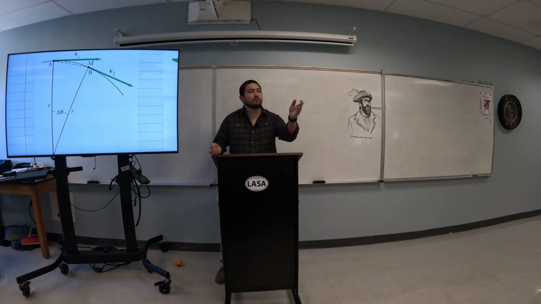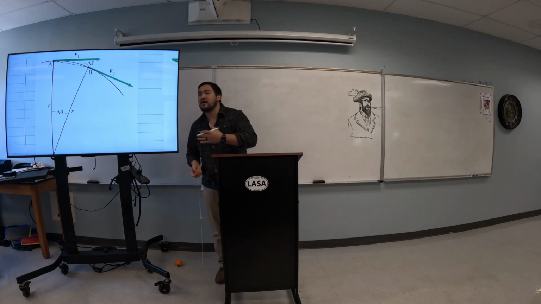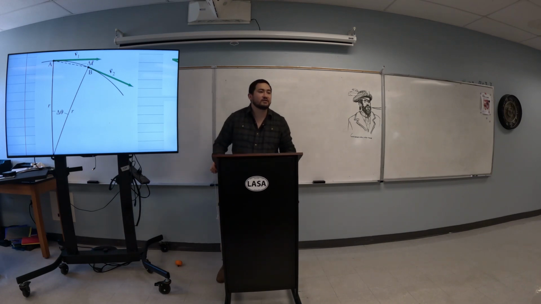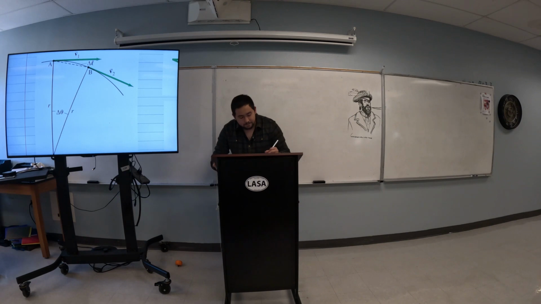Does anybody remember what our definition of average acceleration is? Exactly. Our definition of average acceleration is change in velocity, which is a vector, by the way, over change in time.